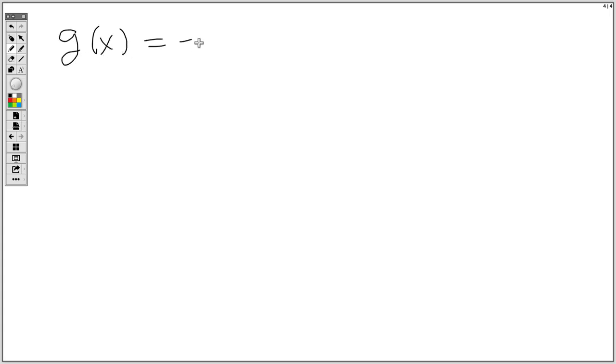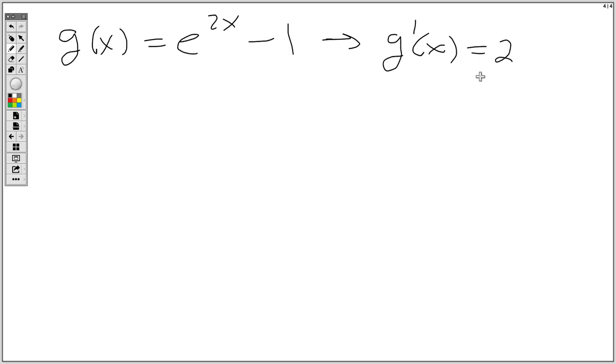All right, let's take a look at g of x equals e to the 2x minus 1. I'll do the same thing. The derivative of this one is 2e to the 2x.